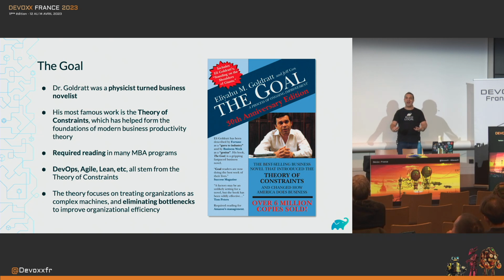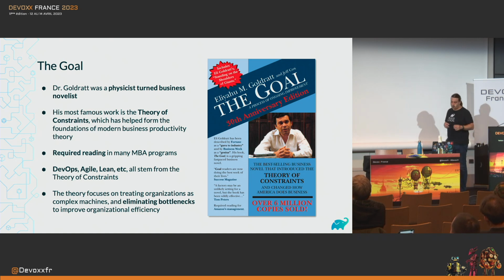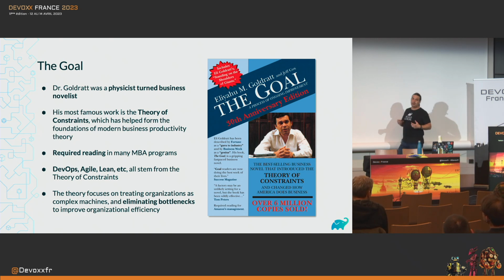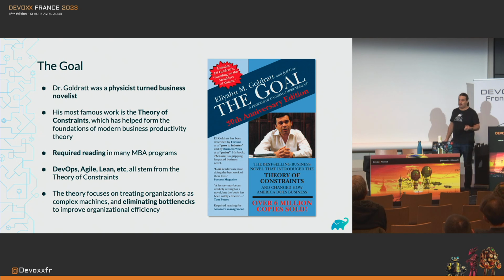These are all things that came out of constraints-based thinking. And it's helped form really the foundations of modern business productivity theory still today, right? It is absolutely part of the inspiration that Patrick Debois had around DevOps, and absolutely the inspiration for lean productivity thinking and all of these things. Still required reading in a lot of MBA programs.